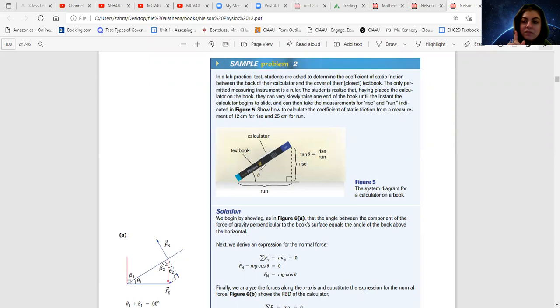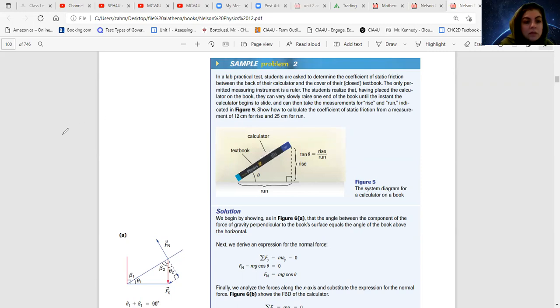At a specific angle, the calculator will slide down. The student picks the angle where, if they increase it by a little, it will slide down. So they measure the maximum angle at which the book can hold the calculator. Then, having that angle, we can find the static friction.